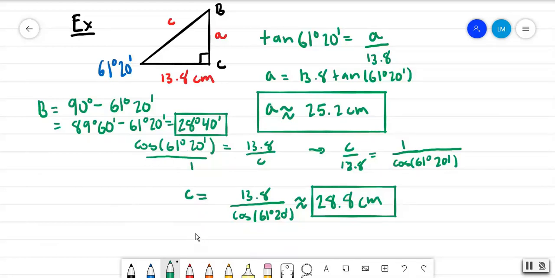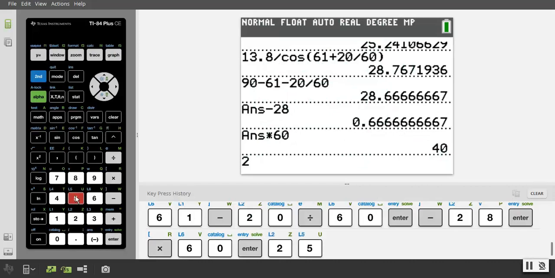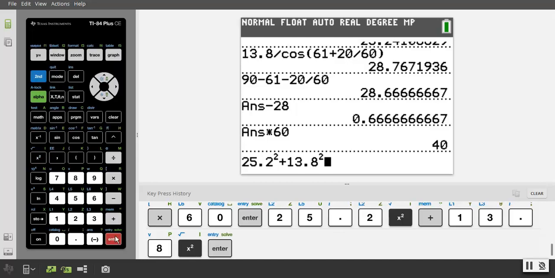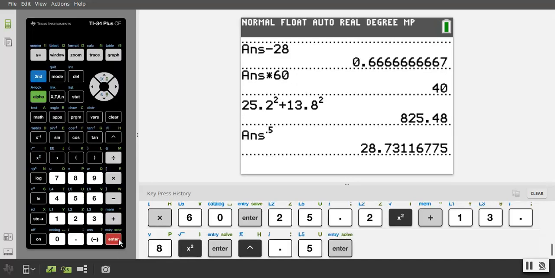I said earlier that we could have just done 25.2 centimeters squared, and then plus 13.8 squared. We hit enter, and then we take the square root of that. It gives us roughly the same thing, but it's off by a little bit, and that's just because of the rounding issue.